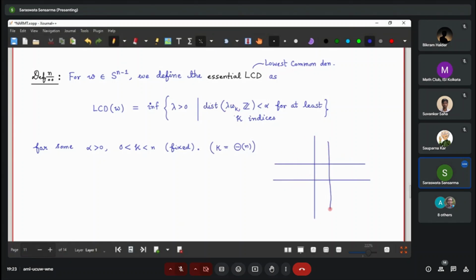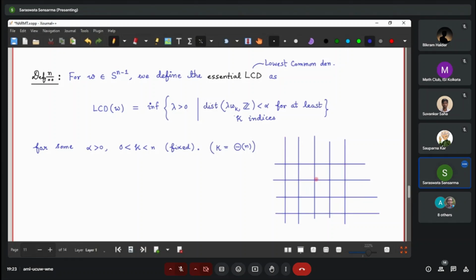This is a lot more useful. So if you look at such a grid, and say this is the origin, and this is the vector that we are considering. The essential LCD is the least thing we have to scale the vector by so that it comes close enough to a lattice point.